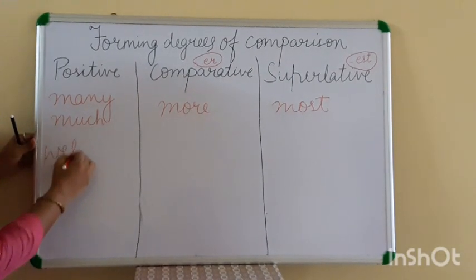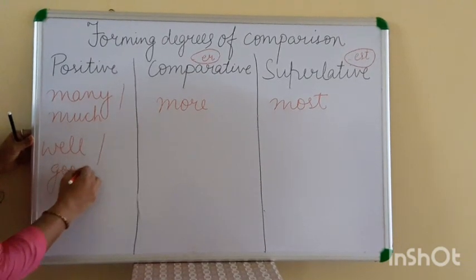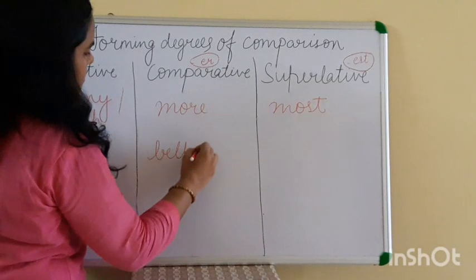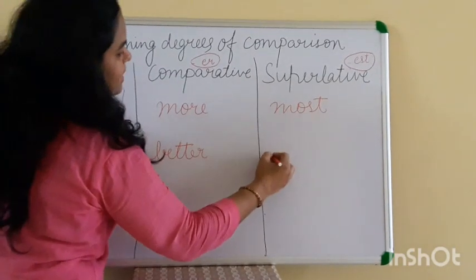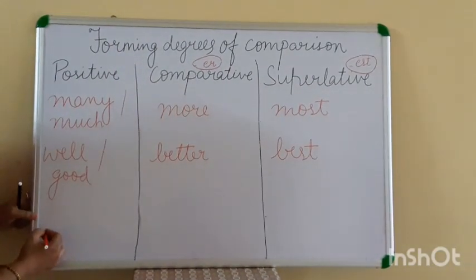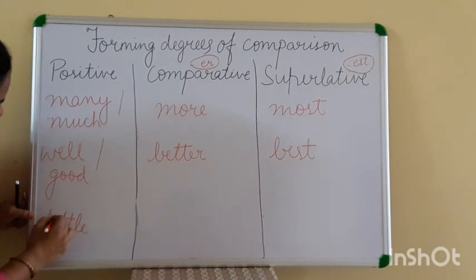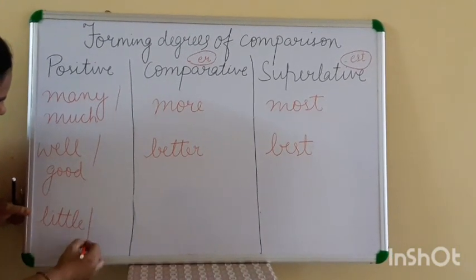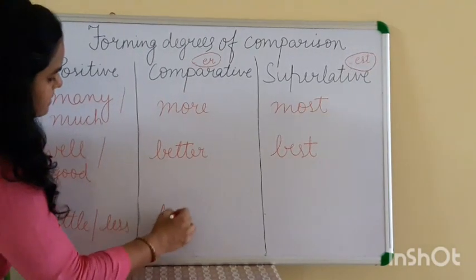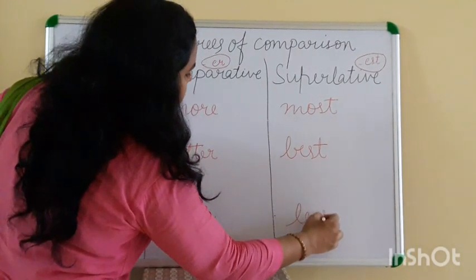Or well, or good. The comparative degree is better and the superlative is best. For little, the comparative is less or lesser, and the superlative is least.